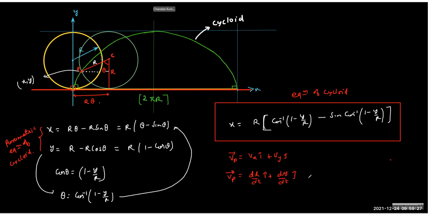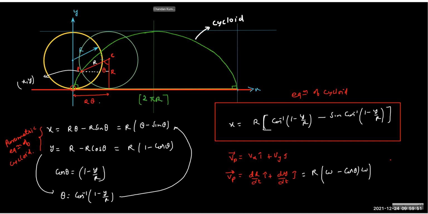And differentiating is not a big deal for you. You can easily differentiate. So what will you get? Once you differentiate the x component, what do you get? R theta will give you d theta by dt, which is the omega, correct? Omega, and the sine will give you cos theta, by chain rule.